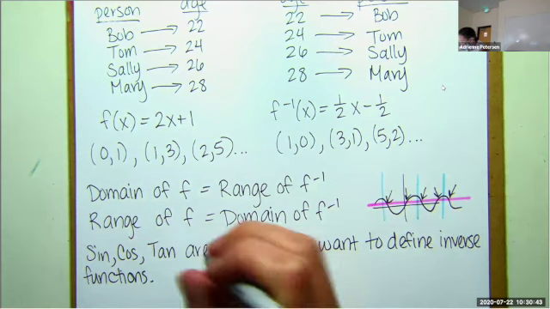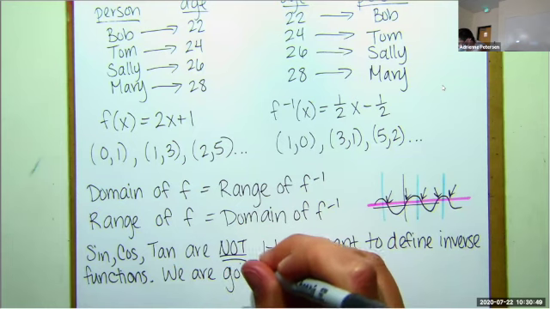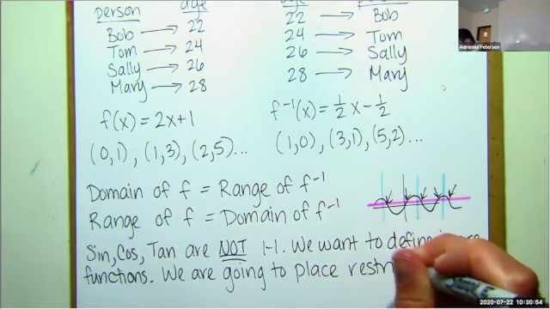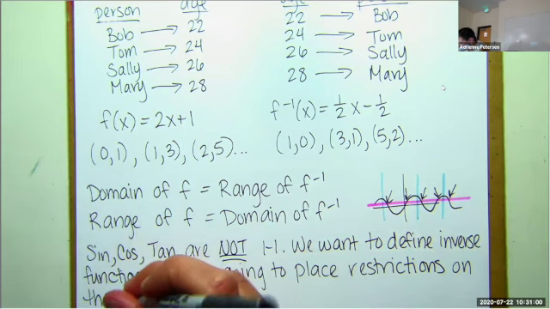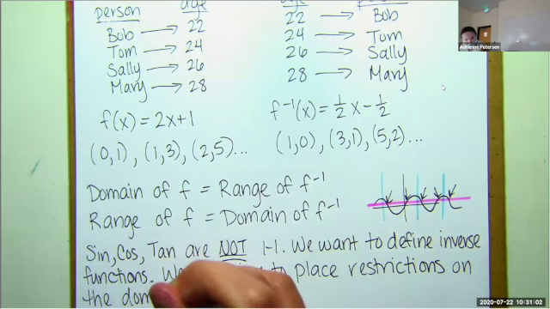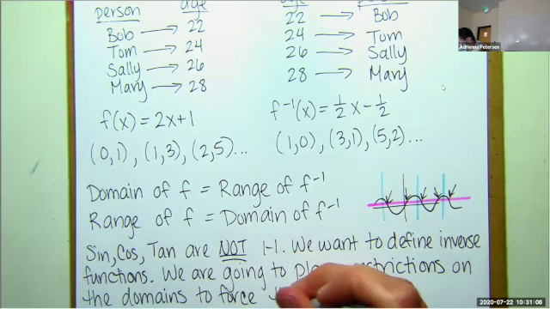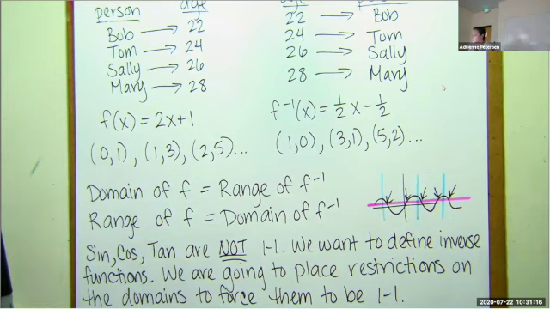So what we're going to do is place restrictions on the domains to force them to be 1-to-1 so we can define the inverses.